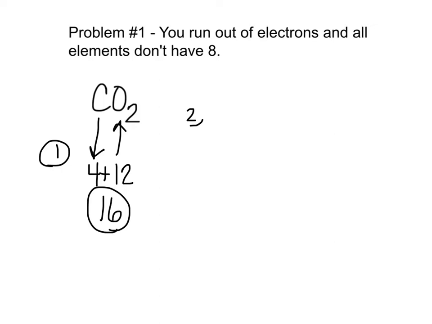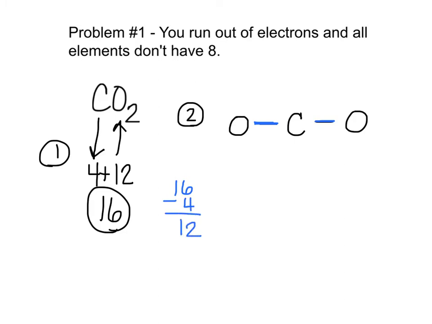Step 2, we're going to put our carbon in the middle, and we're going to attach our oxygens to it. Alright, and we're going to subtract the electrons that we've currently placed, so that's 2, and this second dash makes 4, so 16 minus 4, we now have to place 12 more. I can see that my oxygens right now only have 2, we know they want 8, so I'm going to start with that.